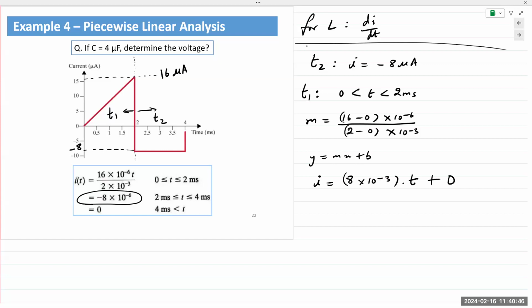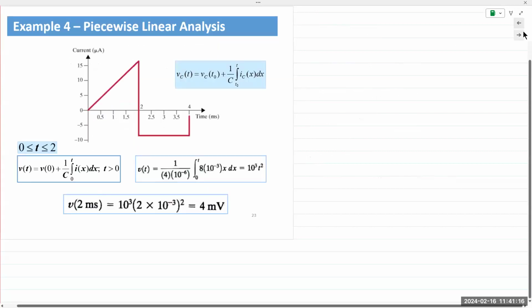This equation describes the value of the current only between 0 and 2 milliseconds. So be very clear about that, okay? This is still the initial setup. We are still setting up our problem.